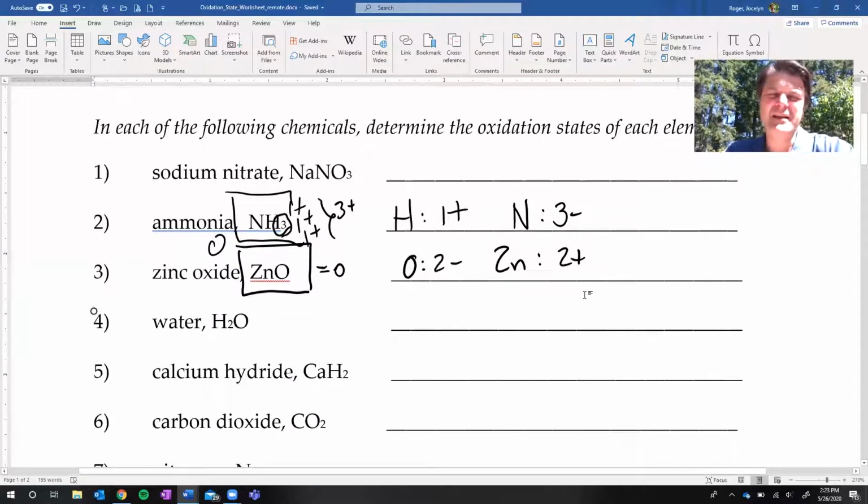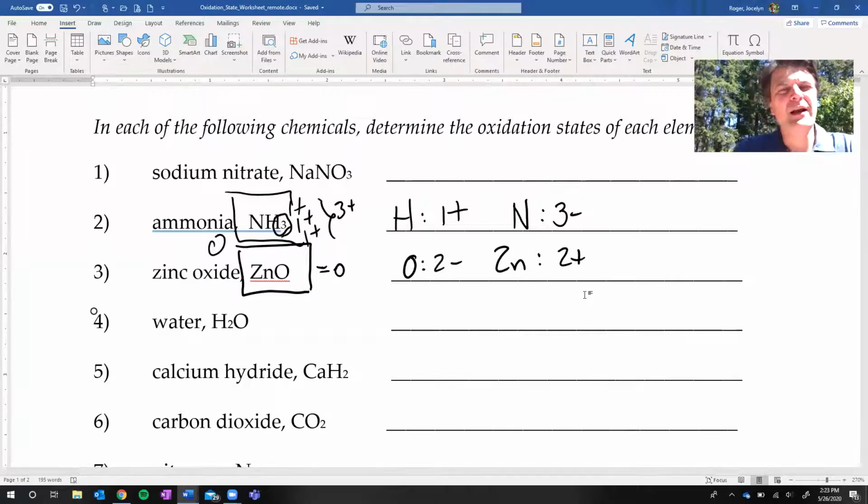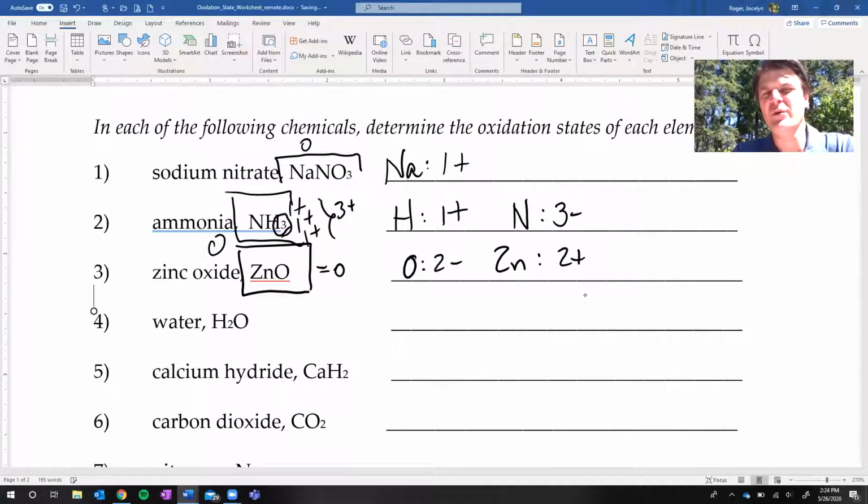Sodium nitrate is a little bit tricky because it has nitrate in it, which is a polyatomic ion, right? So sodium nitrate is going to be a total of 0. Na, we know this is an alkali metal, first family, and one of the rules is that alkali metals are always 1+. The other rule is that oxygen is always 2-, unless it's peroxide.